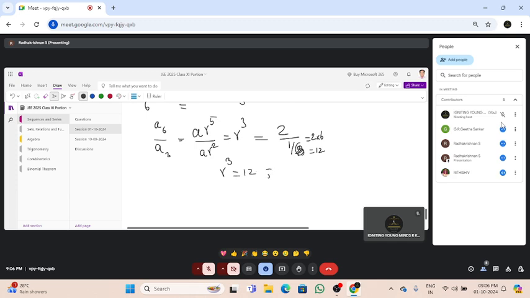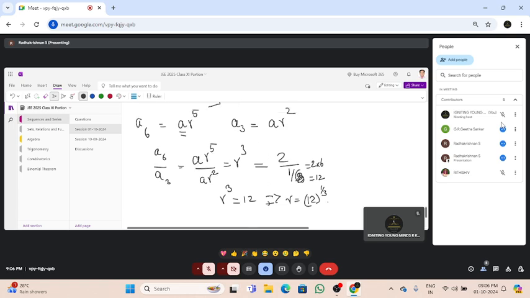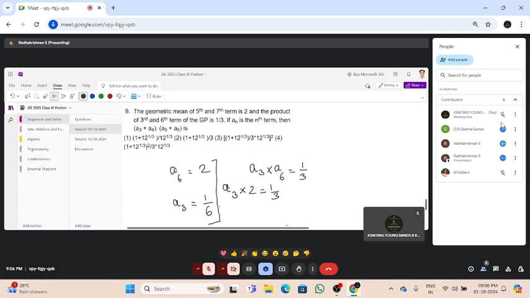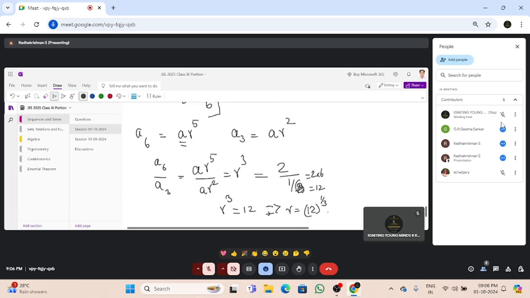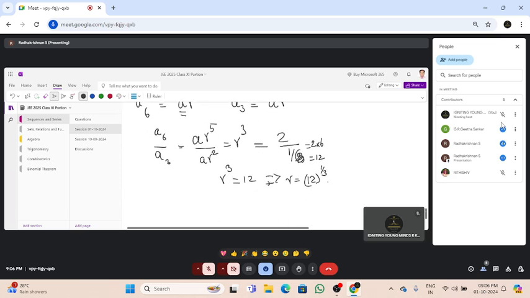Therefore r equal to cube root of 12. Okay, 12 power 1/3 அப்படின்னு வச்சுக்கலாம். அந்த சொல்யூஷன்ல வர 12 power 1/3 கொடுத்துருக்காங்க. r is 12 power 1/3.